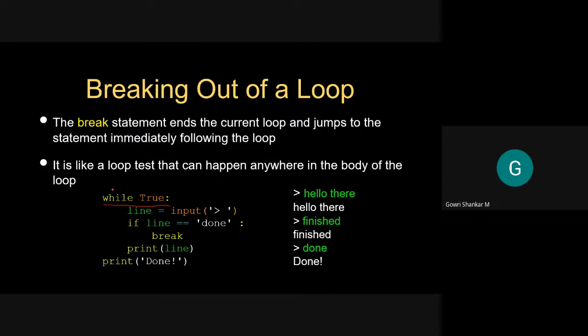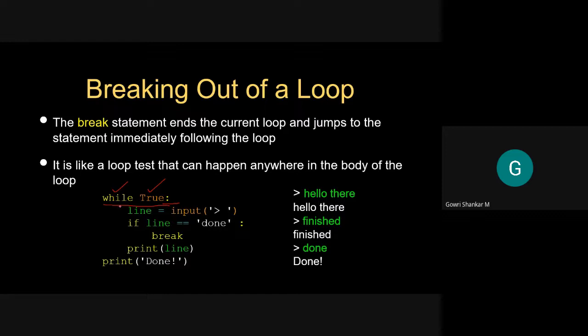Now the while True is going to be an infinite loop. The condition will never become false, so it will run an infinite number of times. The only way of coming out of this loop is to use a break.